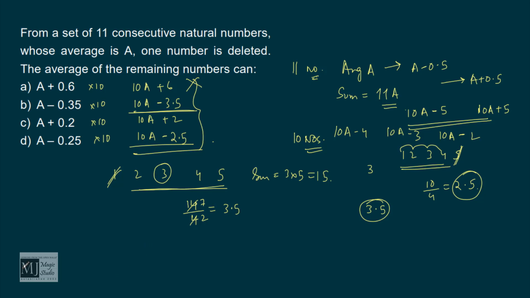Because all these 11 numbers are natural numbers, no fractions being included. Average cannot be A minus 0.35 or A minus 0.25. It can be A plus 0.2.